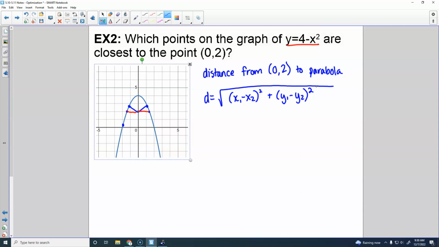So I know one of these points is (0, 2). I do not know the other point, right? I've got a mystery point over here. I'm just going to call it (x, y). But I could plug this into my distance formula. So I've got the square root of (x minus 0) squared plus (y minus 2) squared.